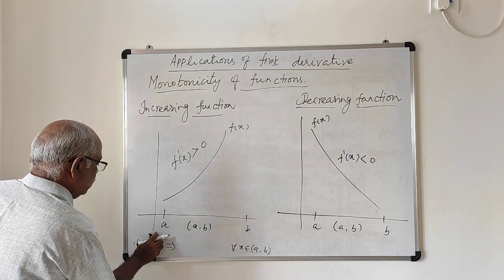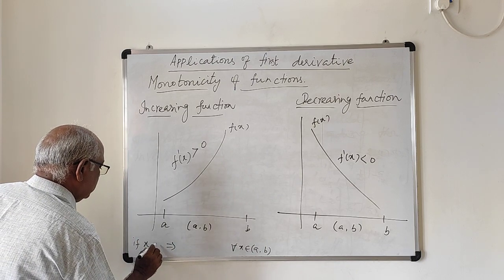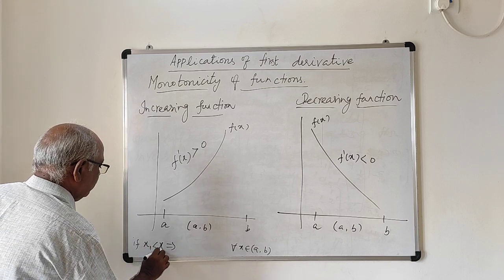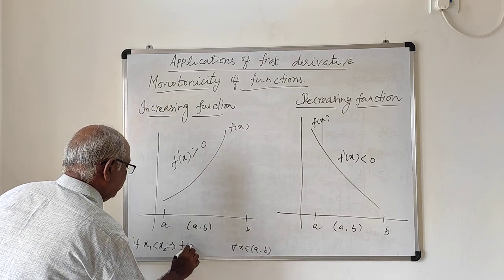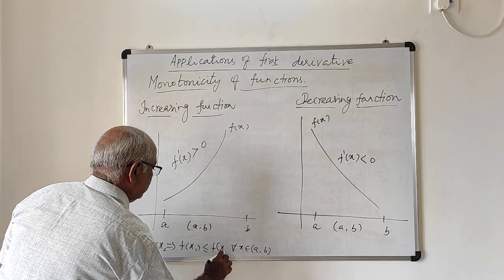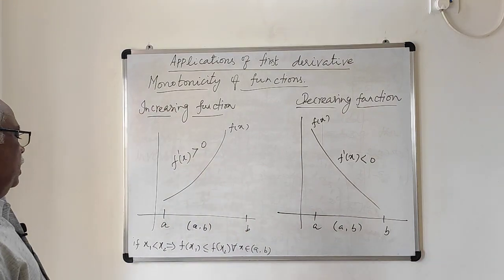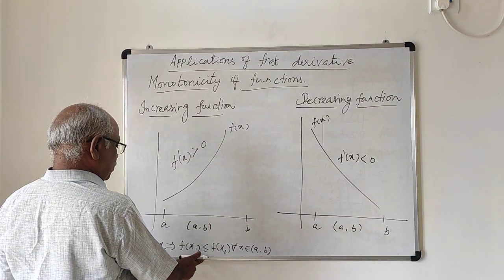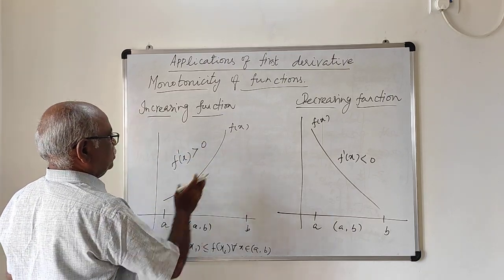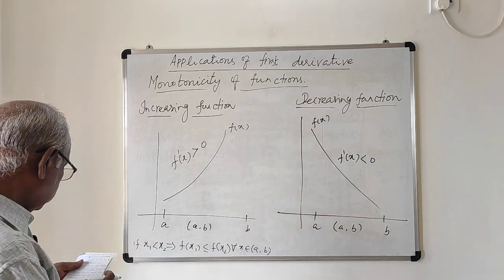I can say 2 points in the interval a comma b, x1 less than x2, and f of x1 less than or equal to f of x2 for all x in a comma b. If it is the case, the function is said to be increasing in this interval.